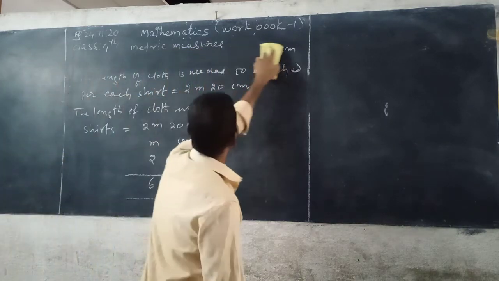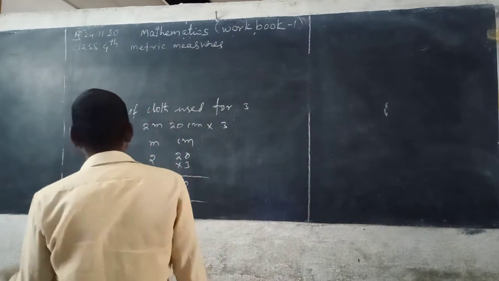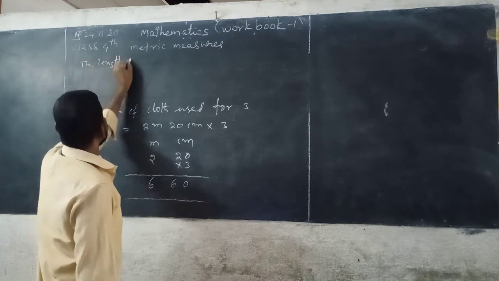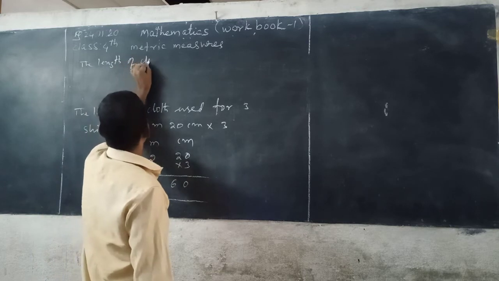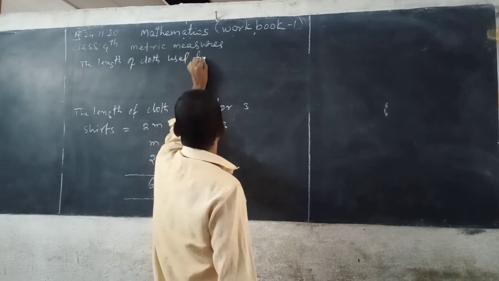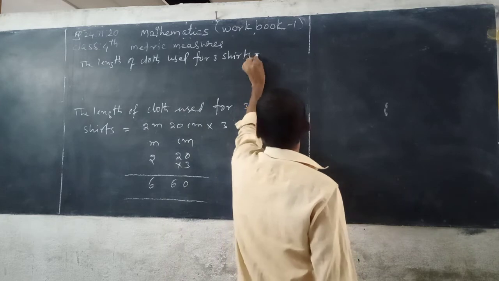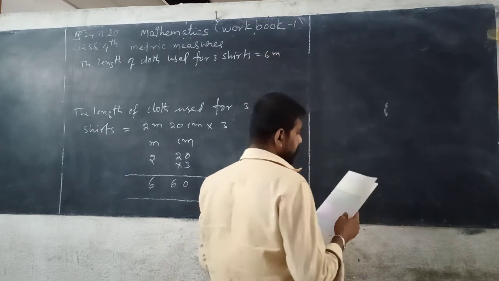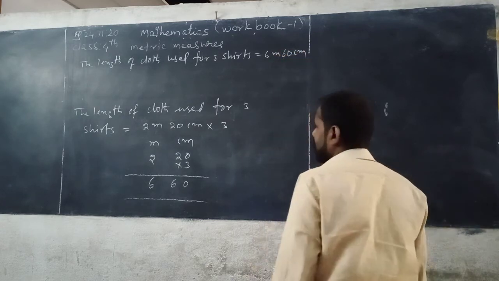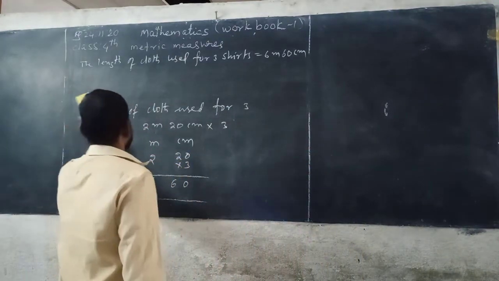The length of cloth used for 3 shirts is equal to 6 meter 60 centimeter. So you can find out the remaining length of the cloth.